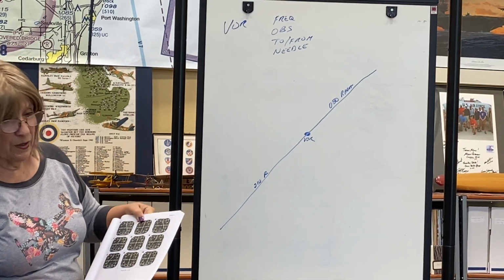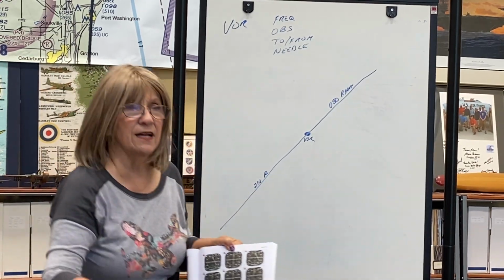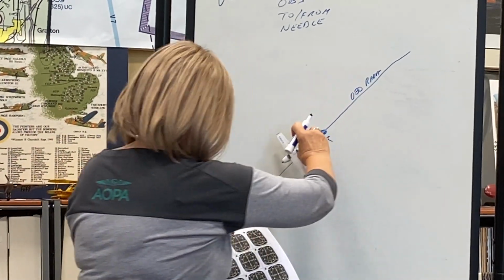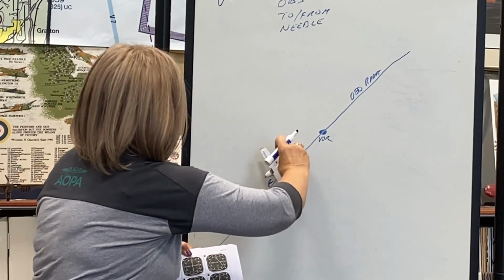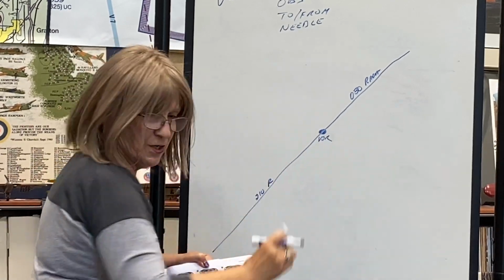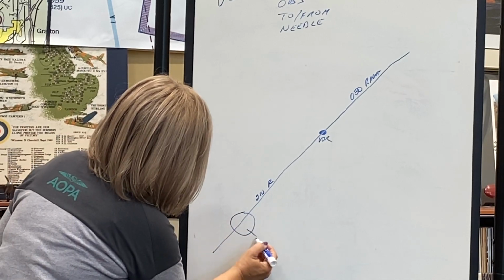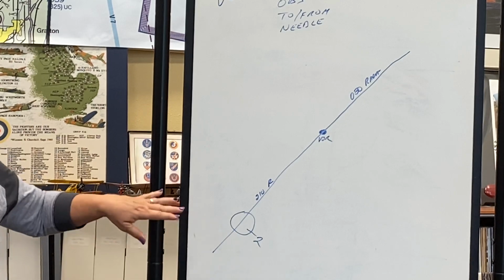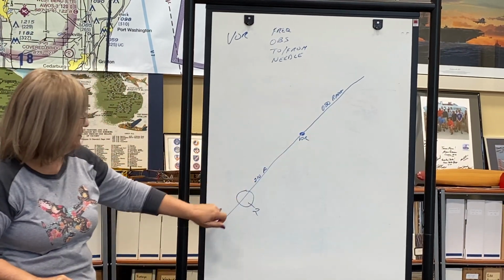So airplane number 2 is on a heading of 210. That means he's on a heading like this, and he has a from indication. If he's going from the station, the aircraft has to be down here somewhere. We don't know how far. We don't get distance off this, but we know that airplane is somewhere on this line.